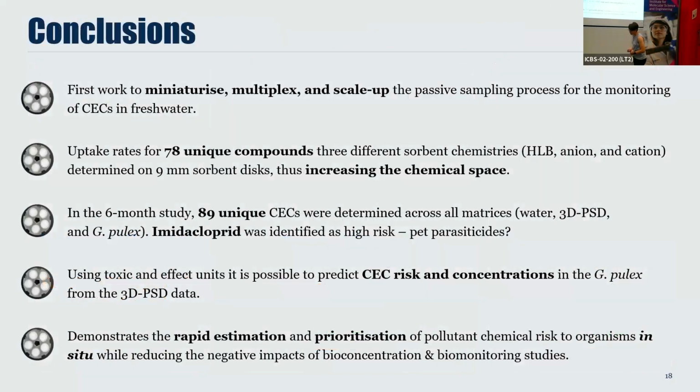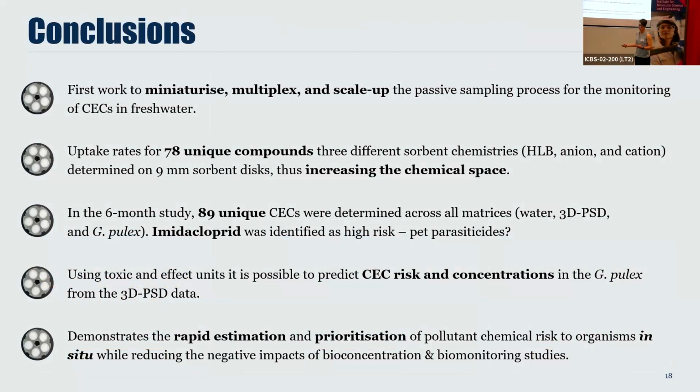So in conclusion, the work I showed today demonstrates a way to miniaturize, multiplex and scale up a passive sampling process for monitoring contaminants of concern in freshwater. We can determine uptake rates for 78 compounds. There were 89 unique CECs determined across all matrices, with imidacloprid as high risk, probably due to parasiticides.